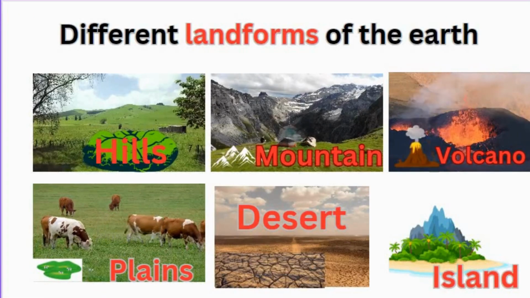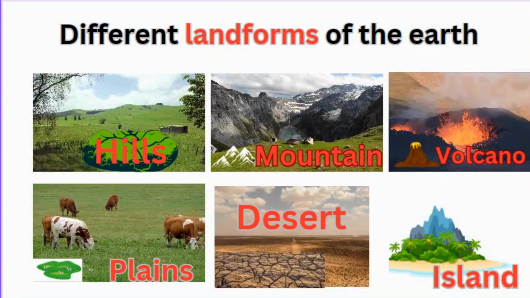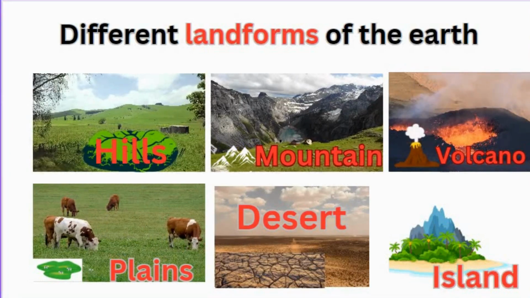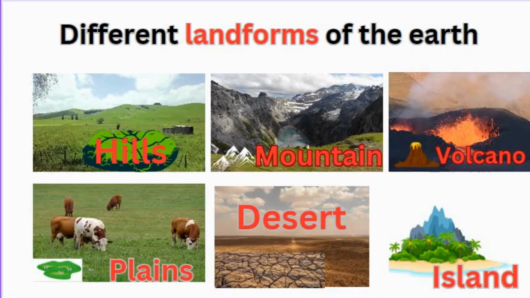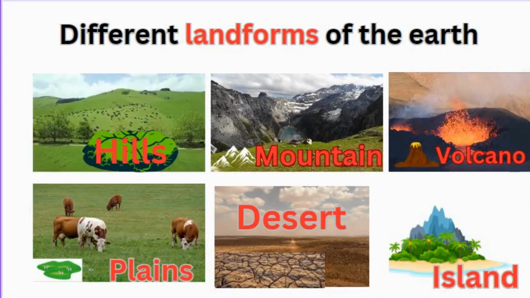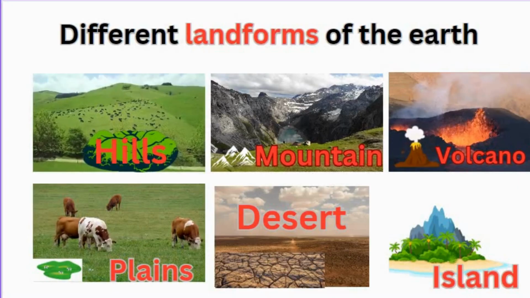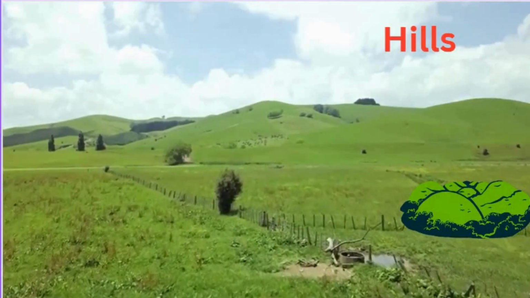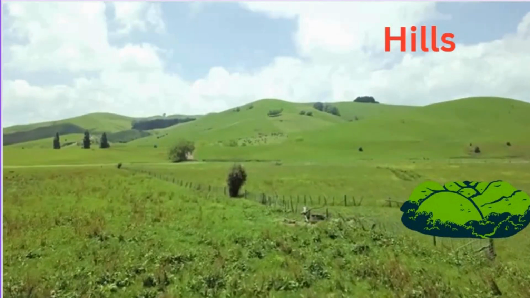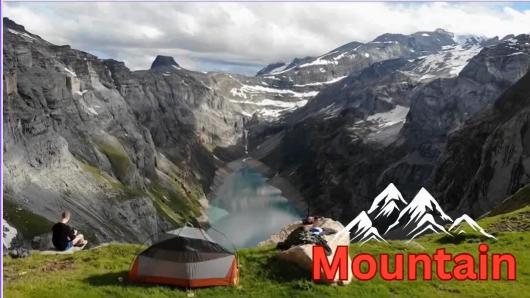These are the different landforms of the earth: hills, mountain, volcano, plains, desert, and island. We will see them one by one. Hills. Hills look like this. Mountain.